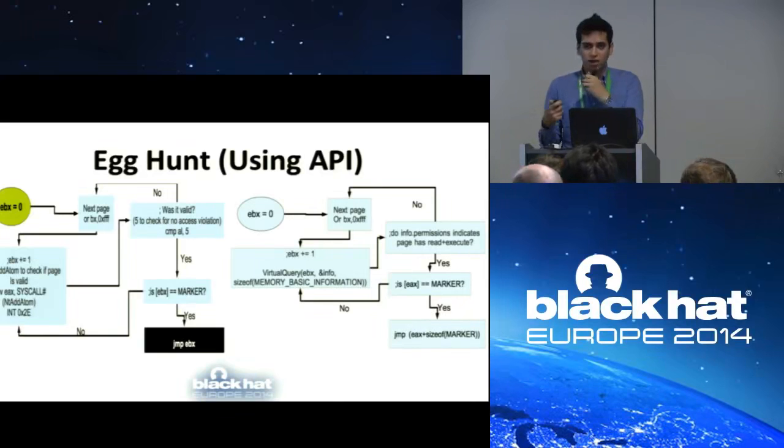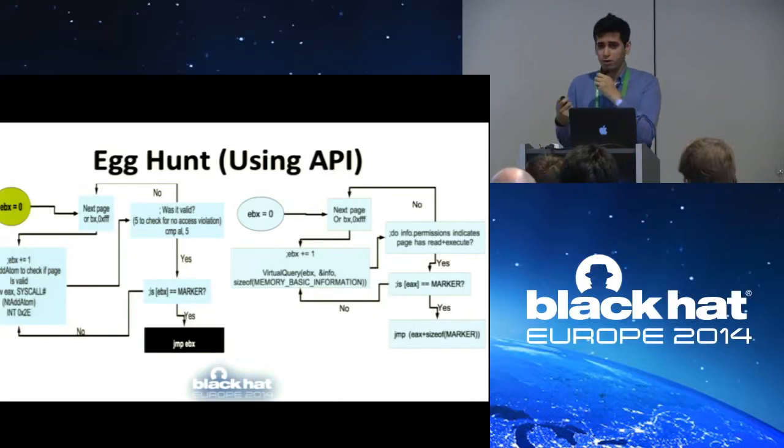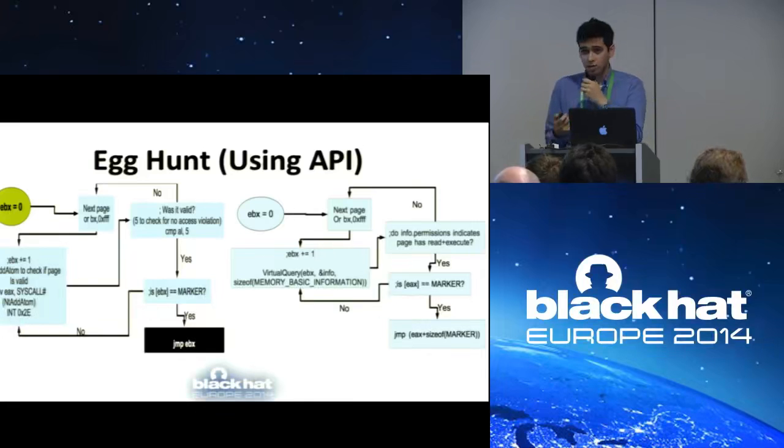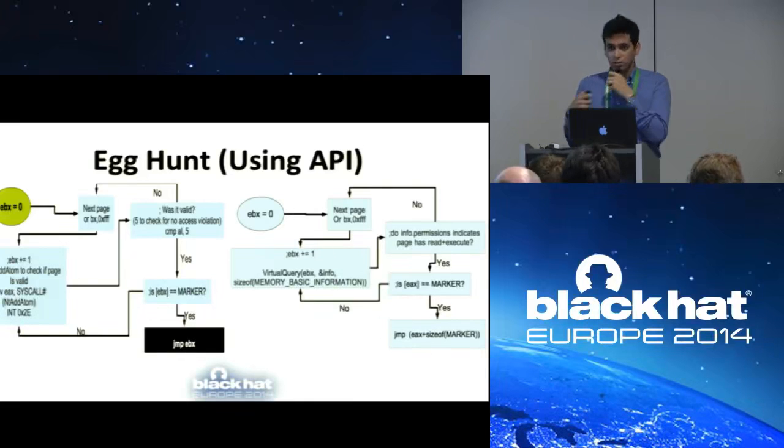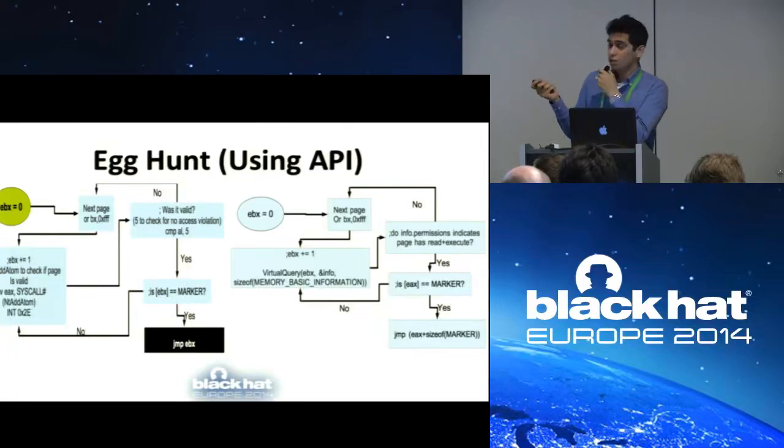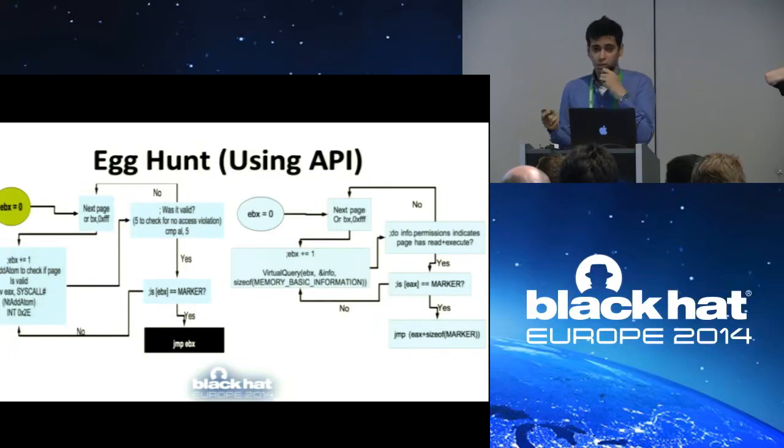In egg hunting shellcode, you have to know if the memory area is a valid memory address, because if it's not, then you are not going to scan it for your egg code or your marker. But you can use virtual query instead, which does the same thing, but it's an API. It's not a syscall. You have very few syscalls in the system, but you have thousands of APIs, so you use APIs rather than syscalls. And then again, you bypass the EBNIDS heuristic.